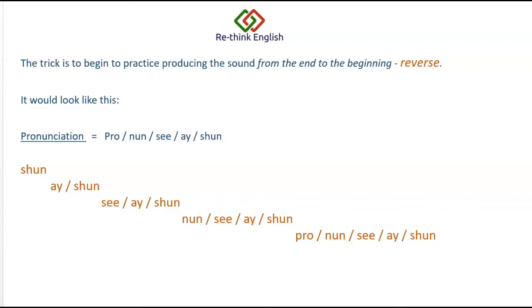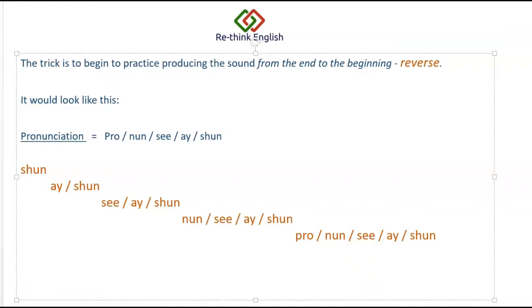So by beginning our practice with the last syllables, we get practice numerous times pronouncing these syllables. For example, shun, the last syllable in our practice word, we practice that 5 times. The combination a-shun, we practice 4 times. We are getting much practice with the second half of these words.